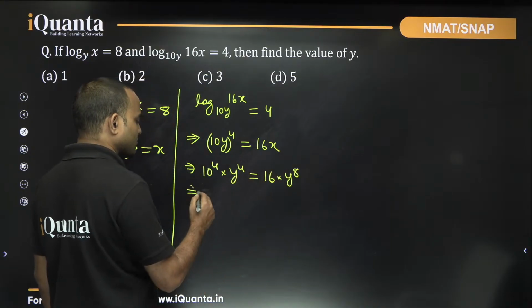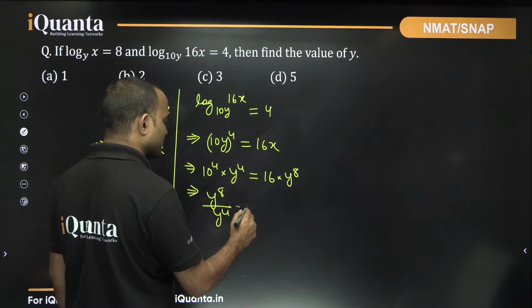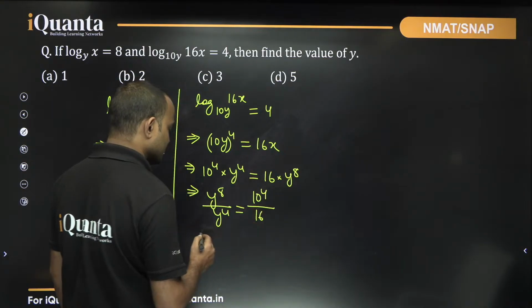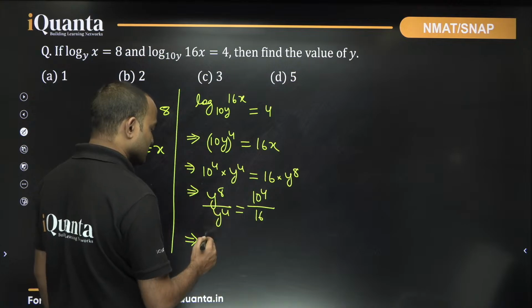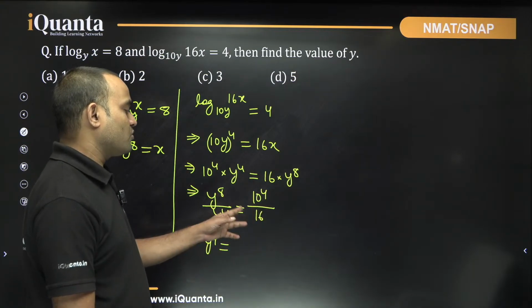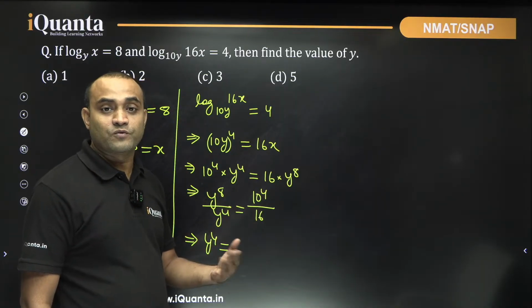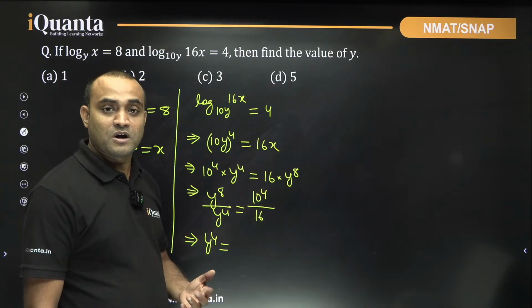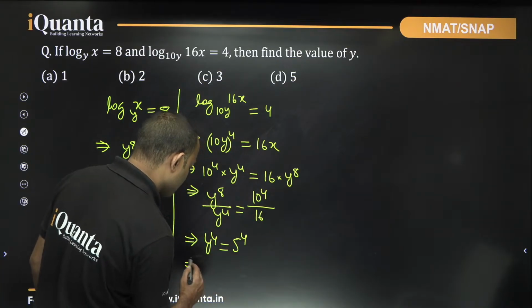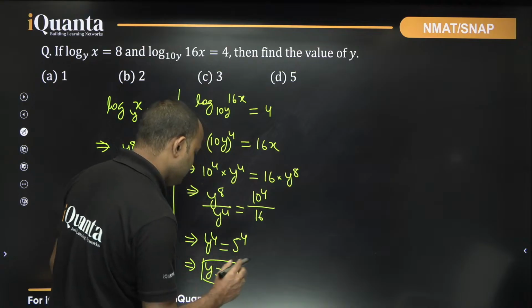So y to the power 8 divided by y to the power 4 is equal to 10 to the power 4 divided by 16. So this will be y to the power 4, and this will be 10 to the power 4 upon 16. 10 to the power 4 is 2 to the power 4 into 5 to the power 4. 2 to the power 4 is 16. So this will be 5 to the power 4, or we can say y is equal to 5.